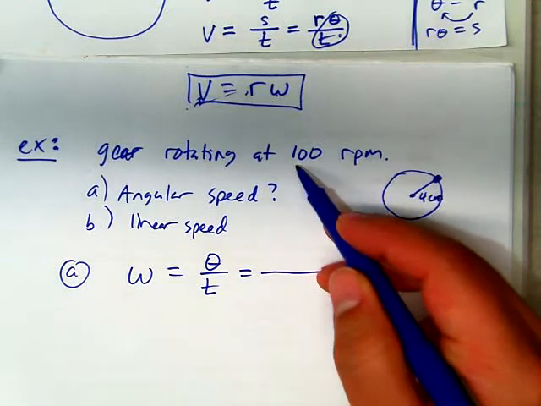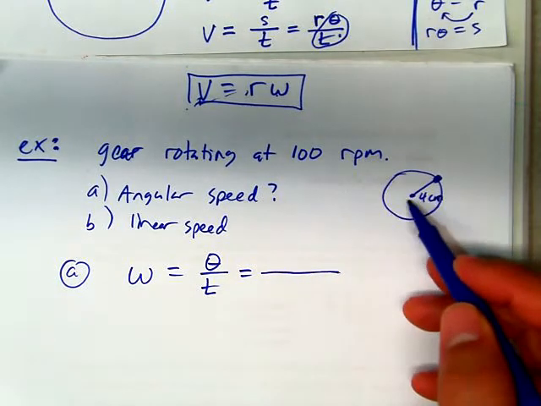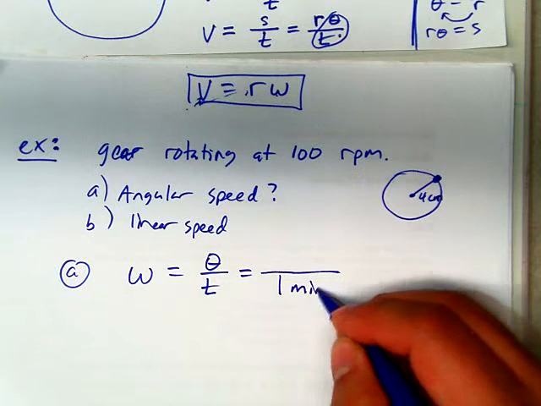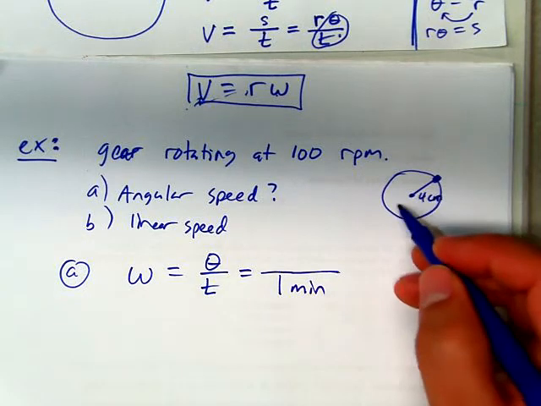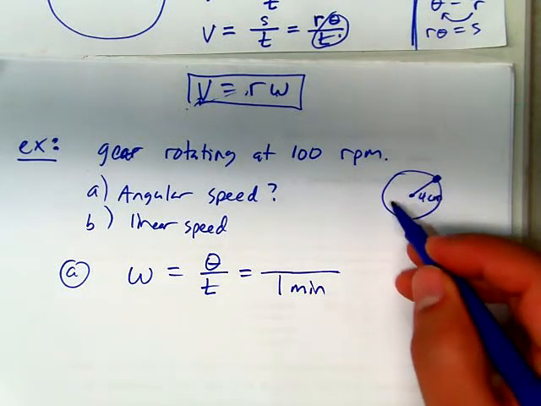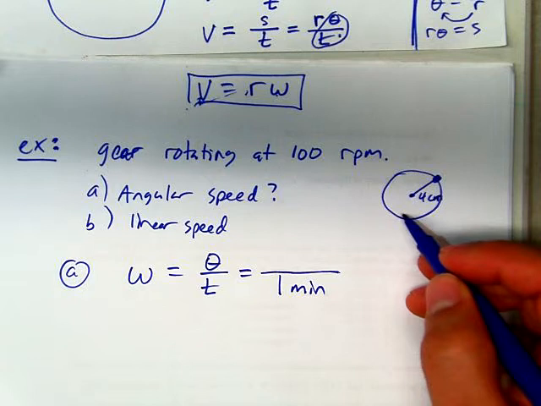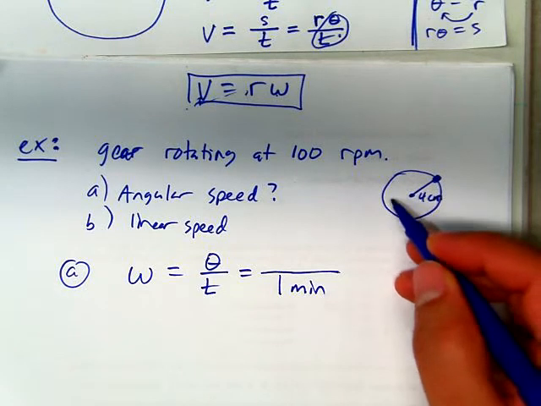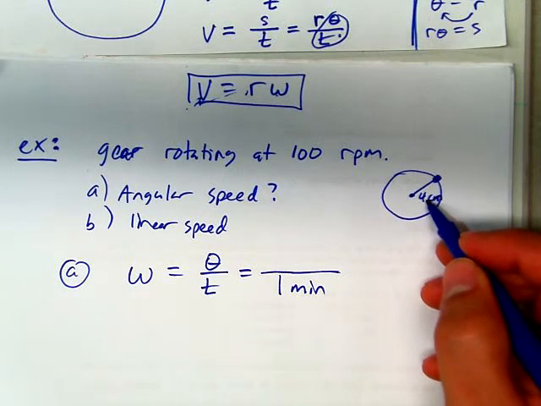Well, if I know that 100 revolutions per minute is how quickly this is spinning, I know that in 1 minute, that's my time unit, I've gone around the circle 100 times. Now, if we think back to earlier, if I rotate 1 time around the circle, that's the same as 360 degrees, but let's stay with radians.